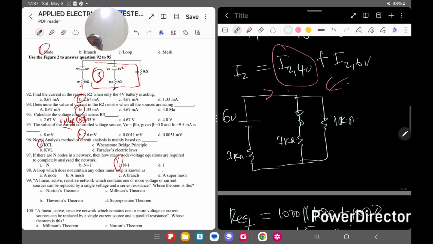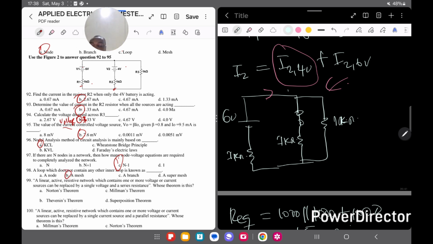This is our third. But now you can see for the third loop, we have another loop inside. You can see loop 1, there's another inner loop inside loop 3. So it's not considered to be a mesh or an independent loop. So the answer for this is going to be mesh, which is an independent loop.